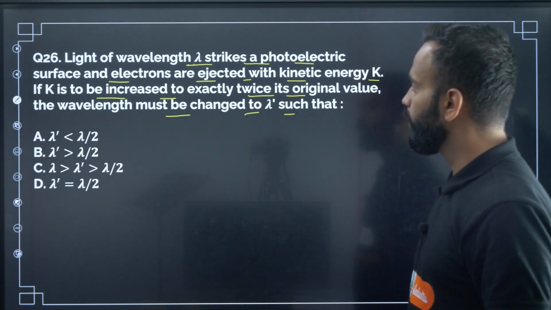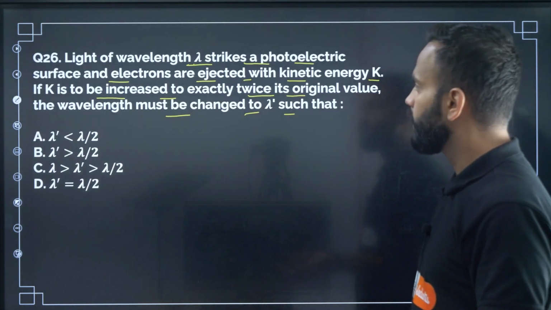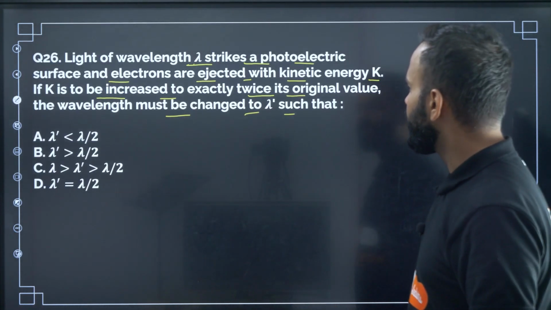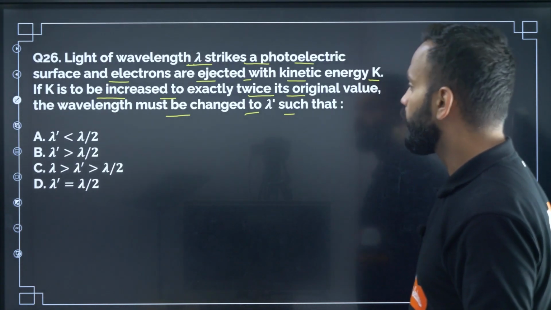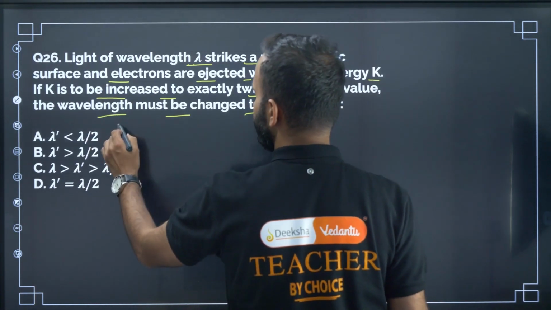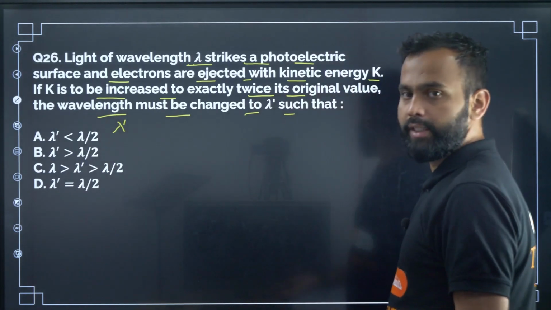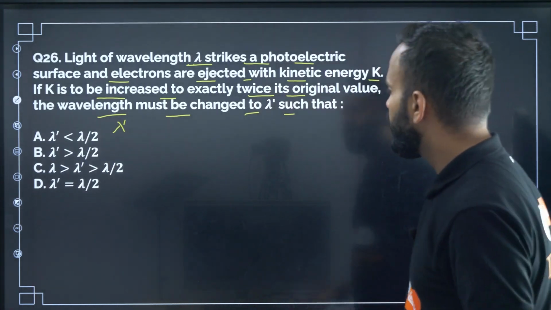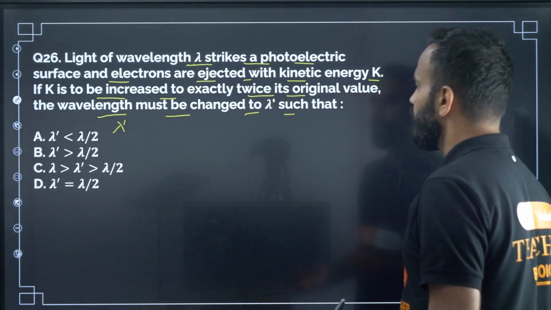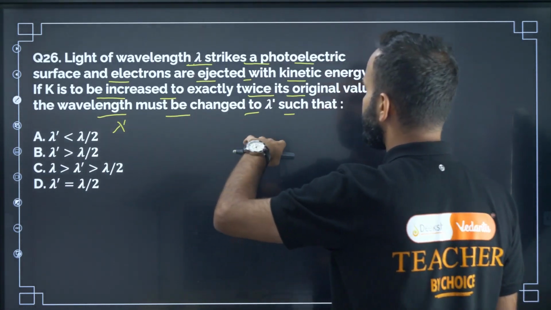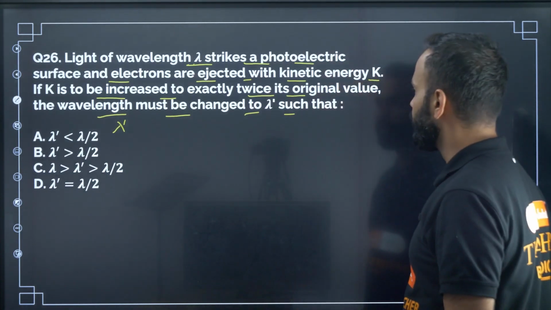First, the light of wavelength lambda strikes a photoelectric surface, right? The second case, lambda dash is the second wavelength. It falls on the same photosensitive material, right? So we need to find lambda dash, where the kinetic energy is increased to exactly twice its original value.